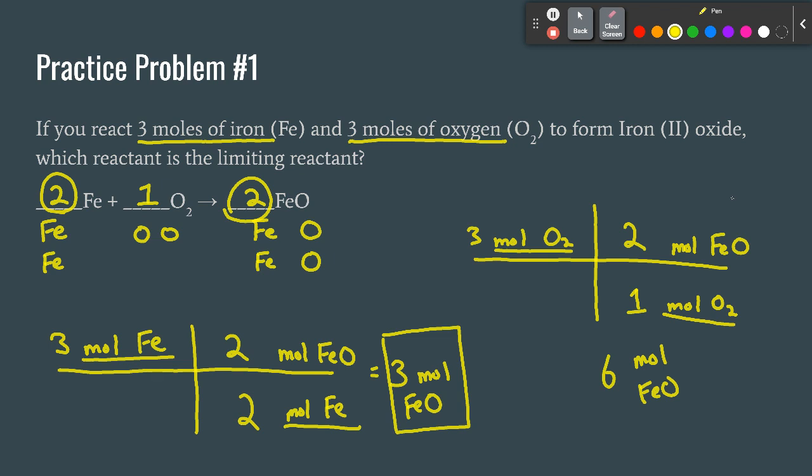So our limiting reactant is iron. So we would write iron is limiting reactant. We'll just run out of our iron first. This is the reaction for how rust is formed, the oxidation of iron to form rust.